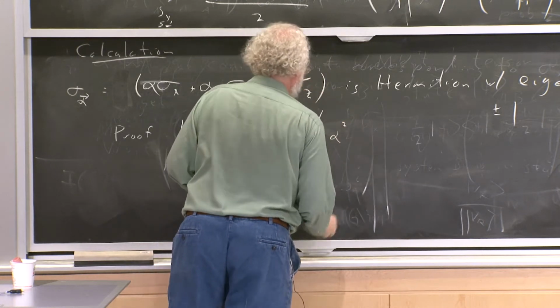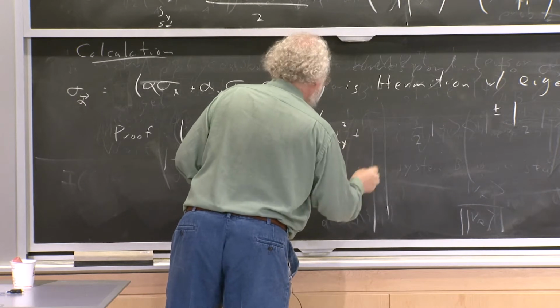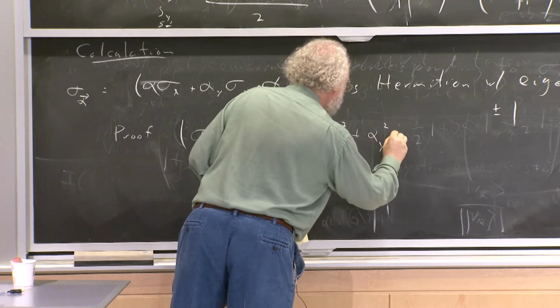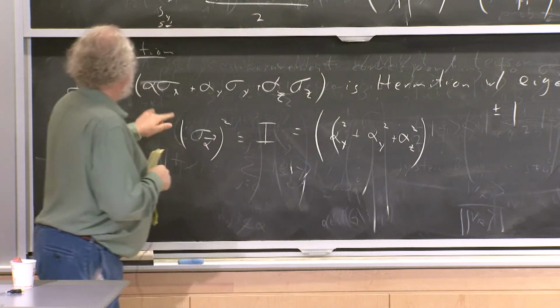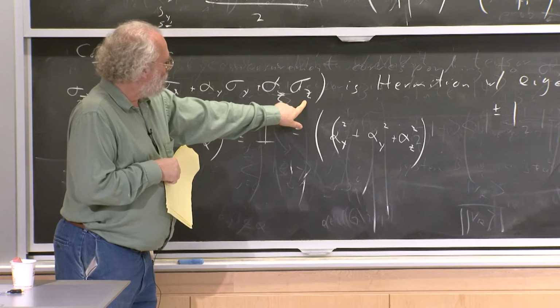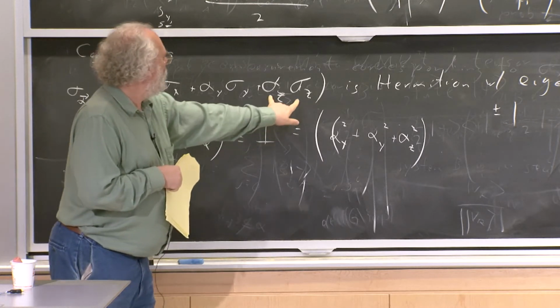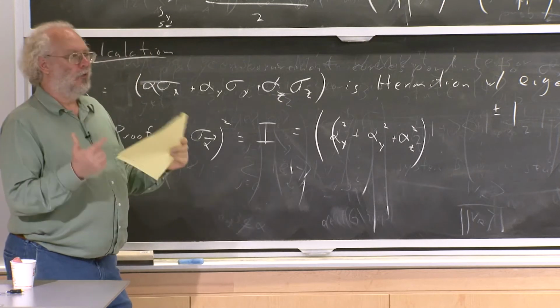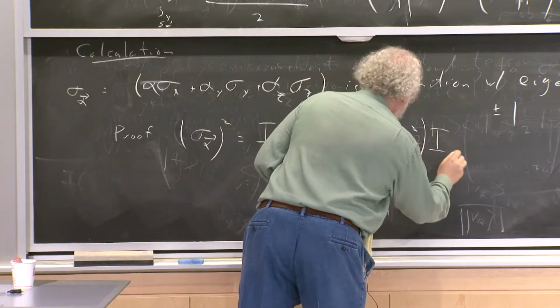alpha x squared plus alpha y squared plus alpha z squared. So sigma x squared, sigma y squared, sigma z squared are the identity. So we take this term squared, and this term squared. We get this times the identity.